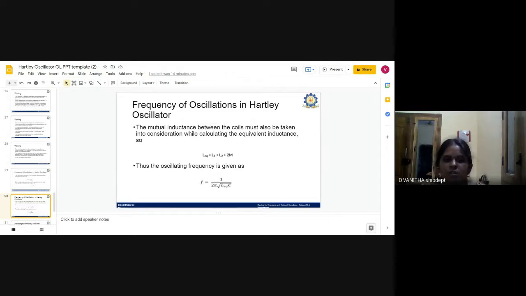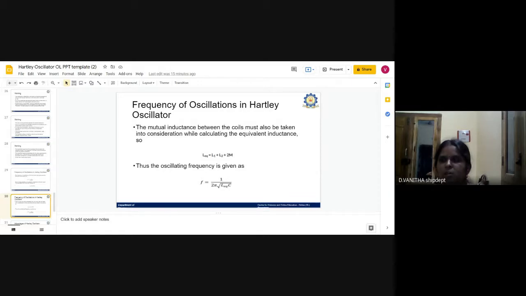So here the frequency of oscillations can be calculated using the mutual inductance between the coils. For calculating the equivalent inductance, we are using the mutual inductance between the two coils. Once the current is passing through the primary coil, the EMF is produced in the secondary coil, so it is called mutual inductance.